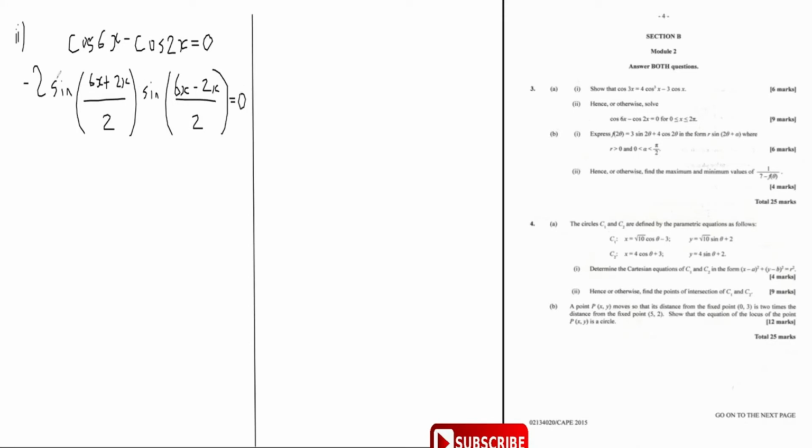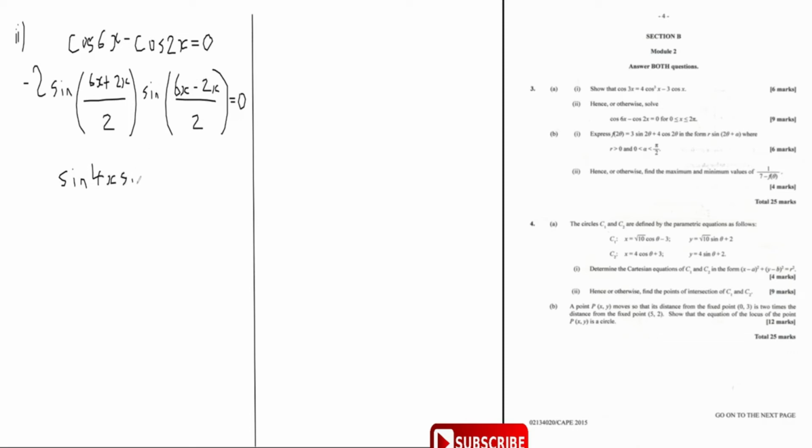Nice and easy. So now, if we divide through by minus 2, we get that the sine of 6x plus 2x is 8x, 8x over 2 is 4x, so that becomes the sine of 4x. Then 6x minus 2x is 4x, 4x over 2 is 2x.